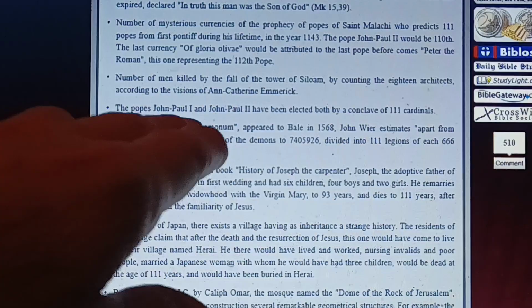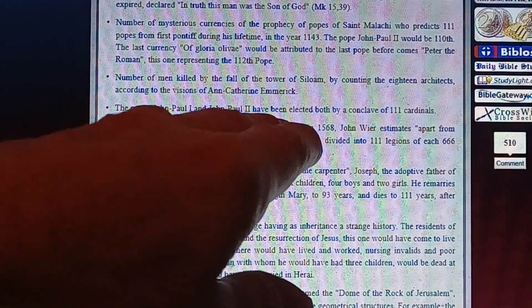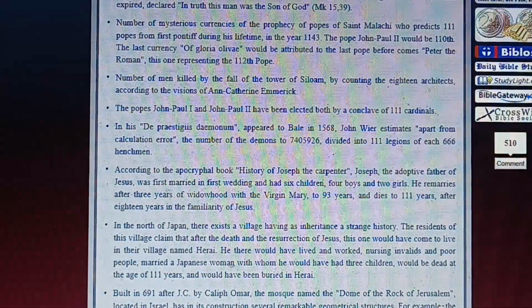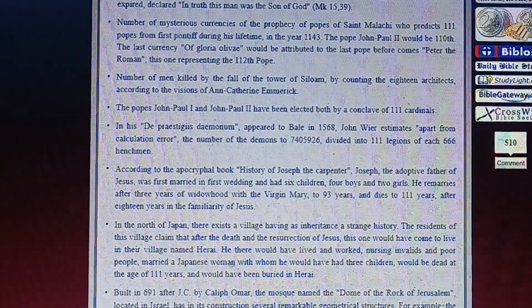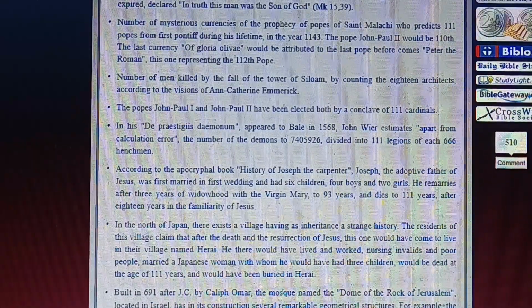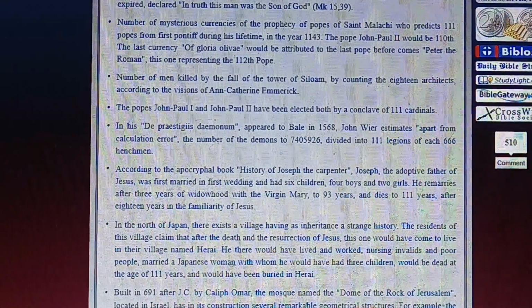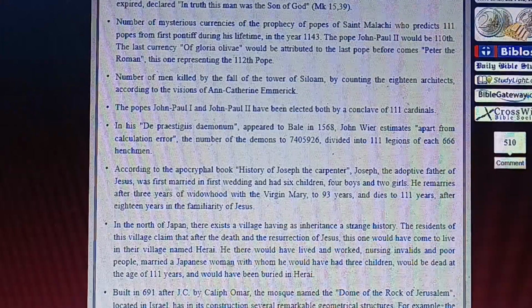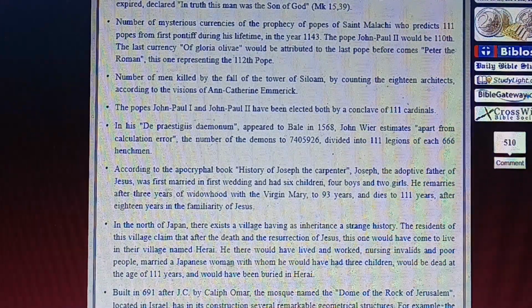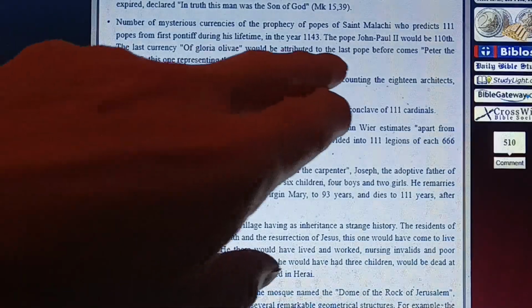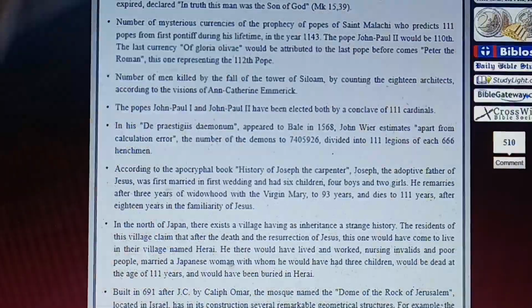The Popes John Paul I and John Paul II have been elected both by a conclave of 111 cardinals. And interesting because if you watch my Ronald Reagan cipher, you'll see he was prominently in with Pope John Paul II.